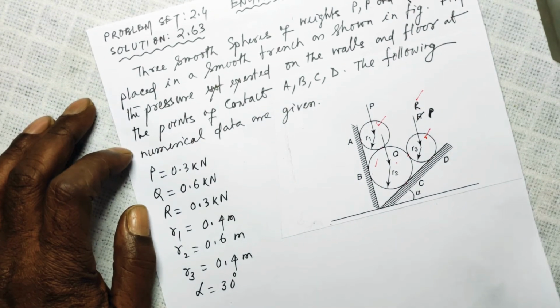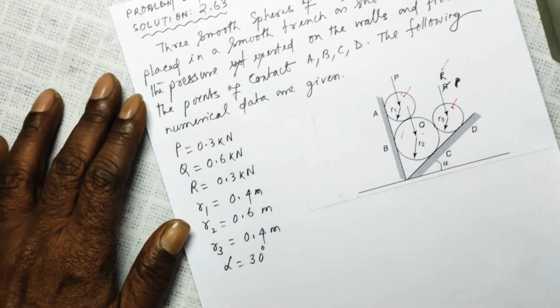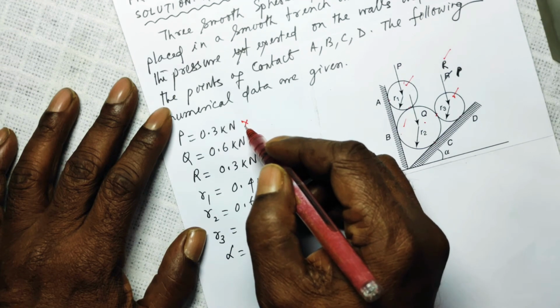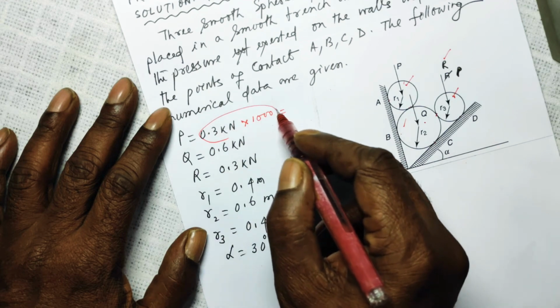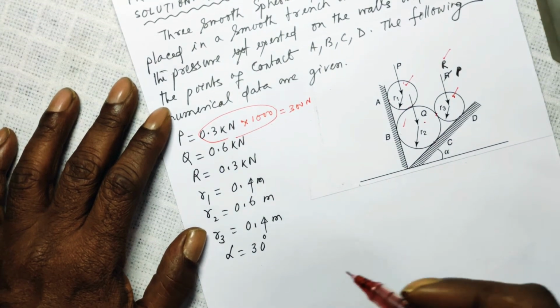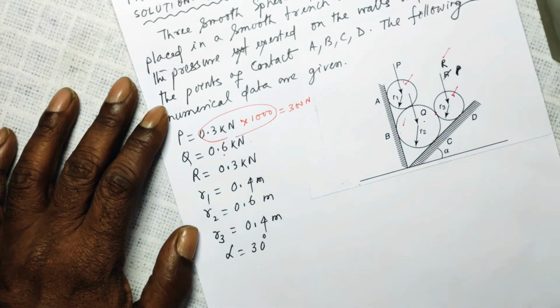The following numerical data are given. P is 0.3 kilonewton. I will convert that to Newton by multiplying it with 1000, so that will be 300 Newton. While solving, Q is 0.6 kilonewton, R is equal to 0.3 kilonewton.